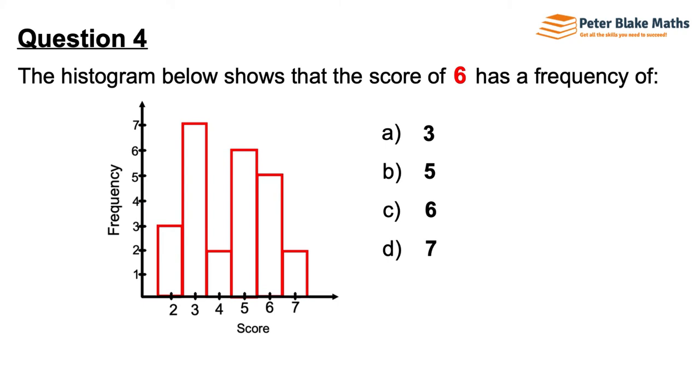Question 4. The histogram below shows that the score of 6 has a frequency of 3, 5, 6, or 7.